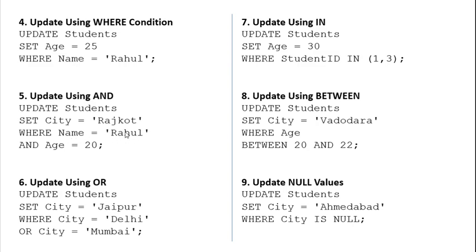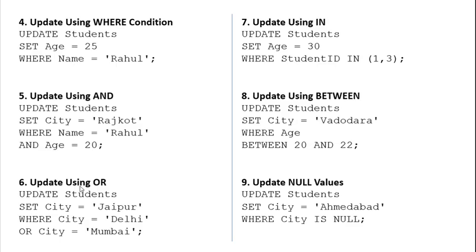So the table finds the Rahul data and changes the city name to Rajkot. Both conditions are checked, and if both are true, the data is changed and the city name is updated to Rajkot, for the name Rahul and age 20.